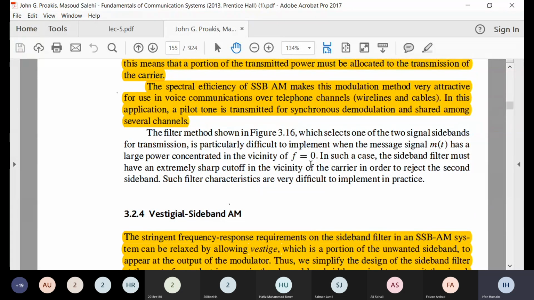But again, we saw the drawback that you need to have an extremely sharp cutoff in the vicinity of the carrier to reject the second sideband, but that is difficult to implement.